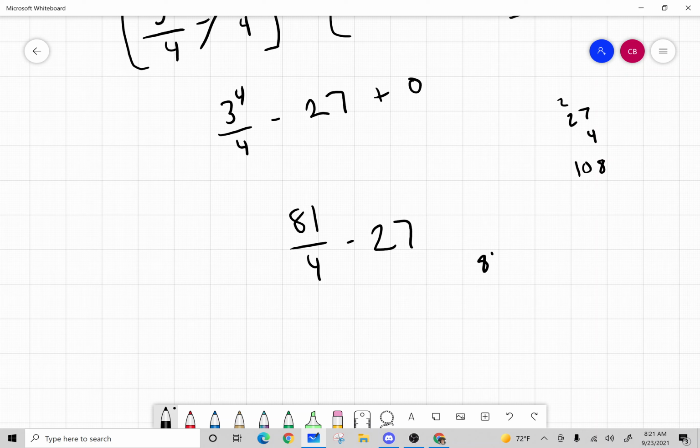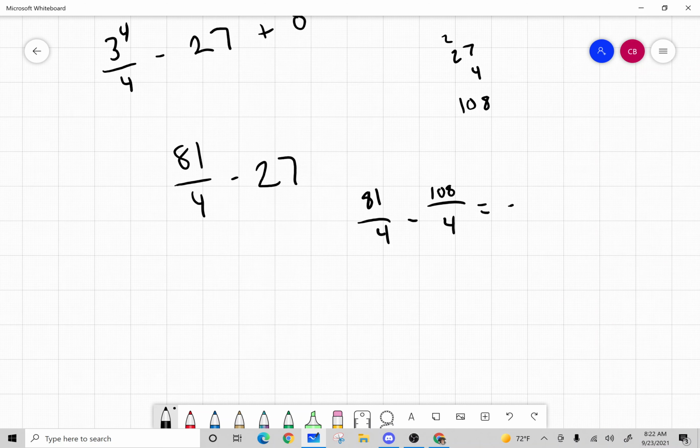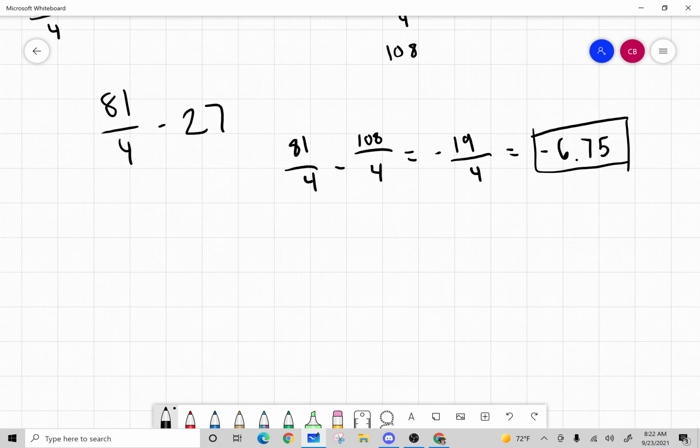So we've got 81 over 4 minus 108 over 4, which is equal to negative, I don't know what that is, 16, 17, 18, 19? Is it 19? I think it is. Negative 19 over 4, which is negative 6.75, or 6 3/4. Yeah, I think. Okay, and so that is that one.